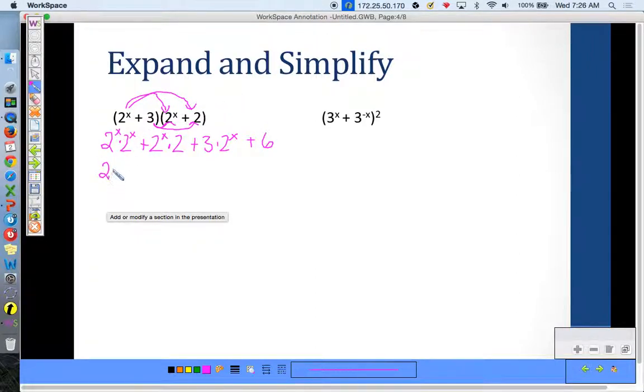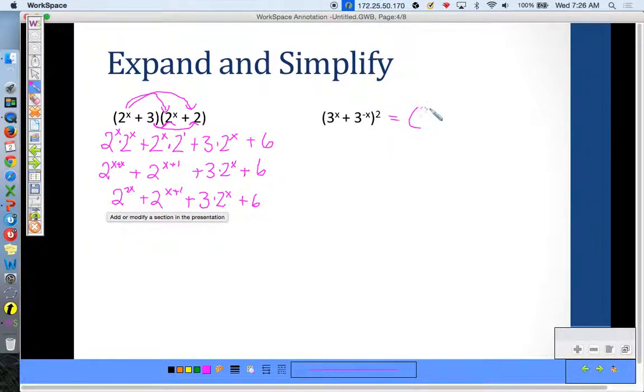We add those, so 2 to the x plus x, plus 2 to the x plus 1, since our bases are the same, plus 3 times 2 to the x, which we can't combine, plus 6. So this is 2 to the 2x, plus 2 to the x plus 1, plus 3 times 2 to the x, plus 6. And that's all the further that we can go, because our bases are the same here, but we're adding, so we can't combine it.